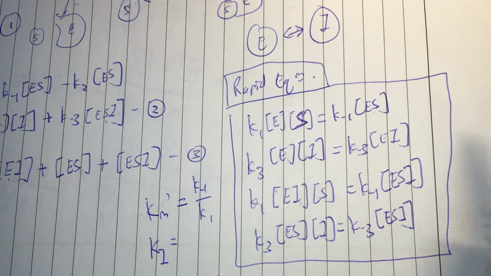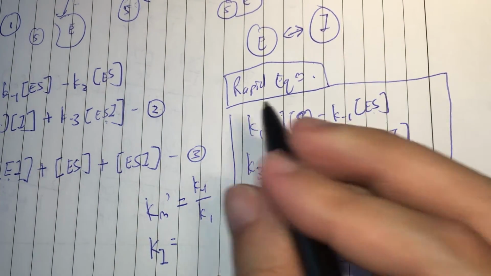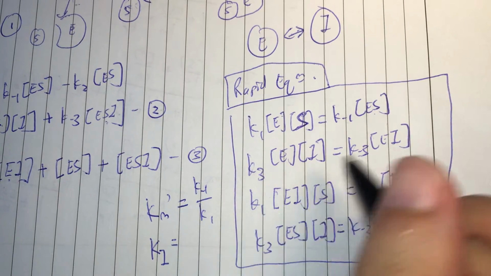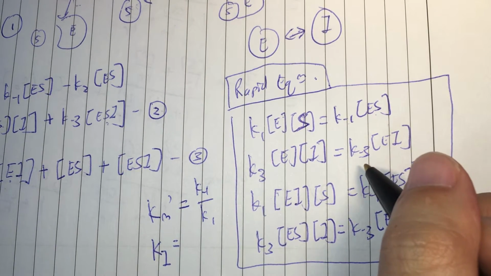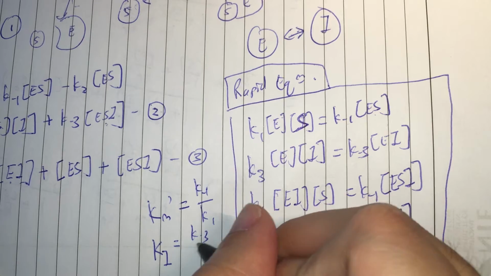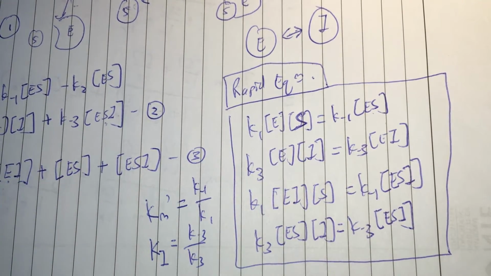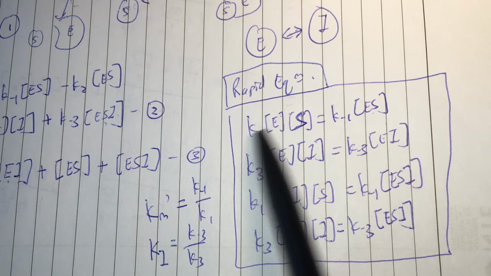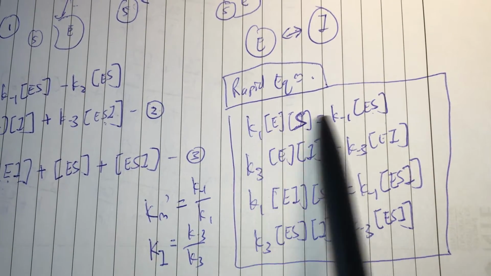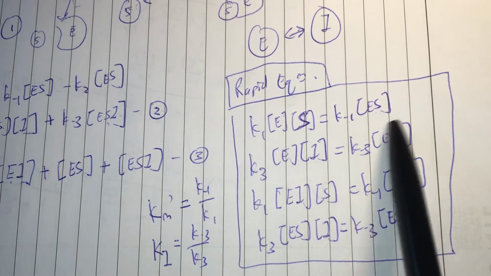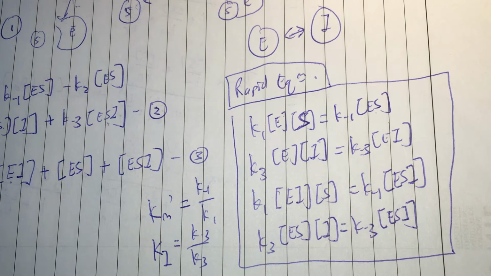So that's to do with the K3, so we will have K minus 3 over K3. These are the dissociation constants in a sense, because it talks about dissociation. The forward one's the dissociation, the backward one is the combination or the formation of the enzyme substrate complex.